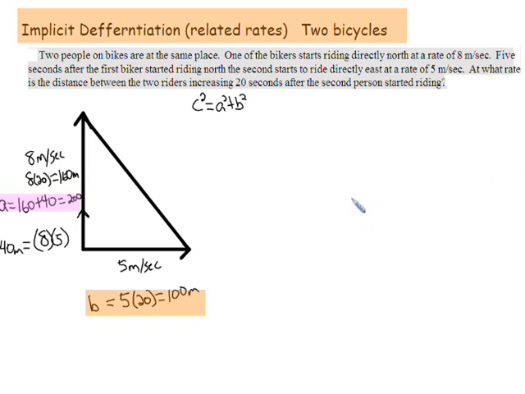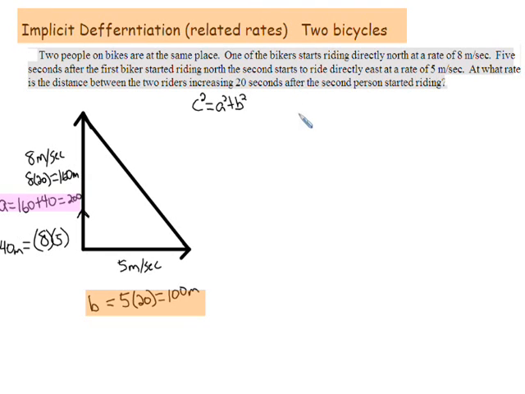Now, what you need to understand is we're talking about at what rate, and then they gave us rates as well. So we're trying to find out the rate of this side. Well, we can find the length of that side, which is not the rate, but would we need to know it? Well, if I take the implicit differentiation of this equation here that brings all this information together, I'm going to actually get rates in there, okay?